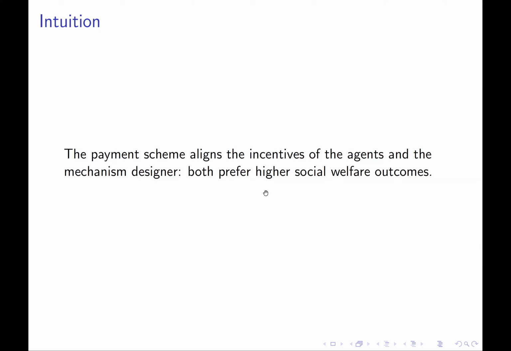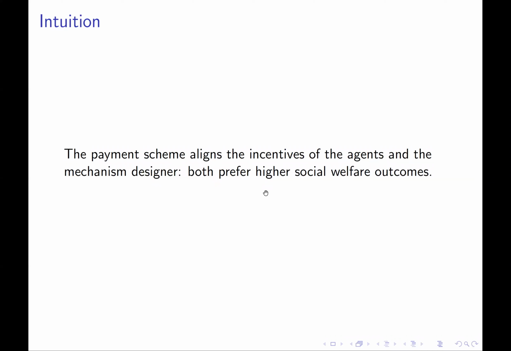And just to reiterate, the reason we get truthfulness here, the cleverness that's going on, is what the payment rule has done. By having this term that corresponds to the sum of everybody else's reported valuations for the alternative chosen, it has explicitly aligned the incentives of the agents and the mechanism designer.